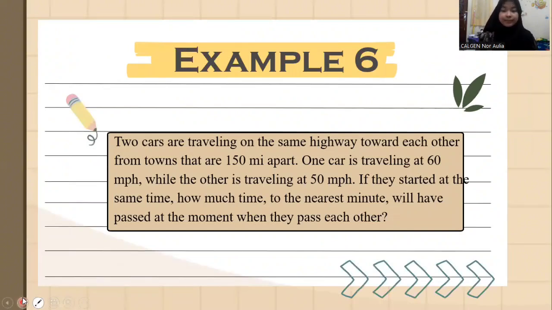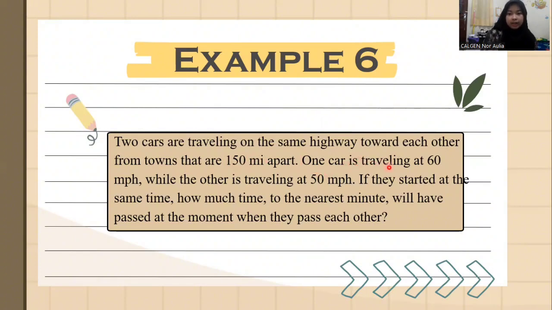Example 6. The question of example 6 is: two cars are traveling on the same highway toward each other from towns that are 150 miles apart.